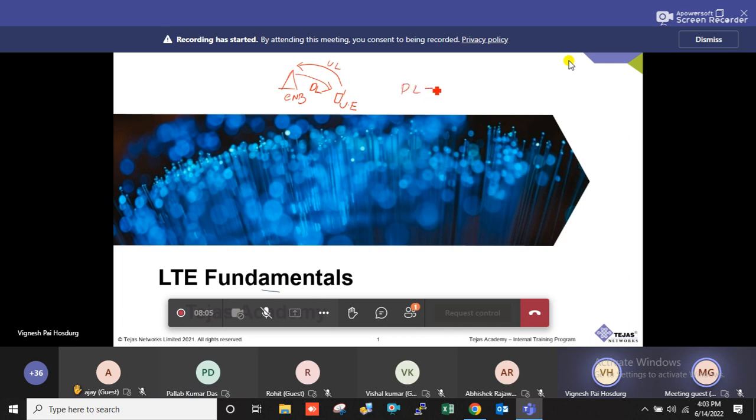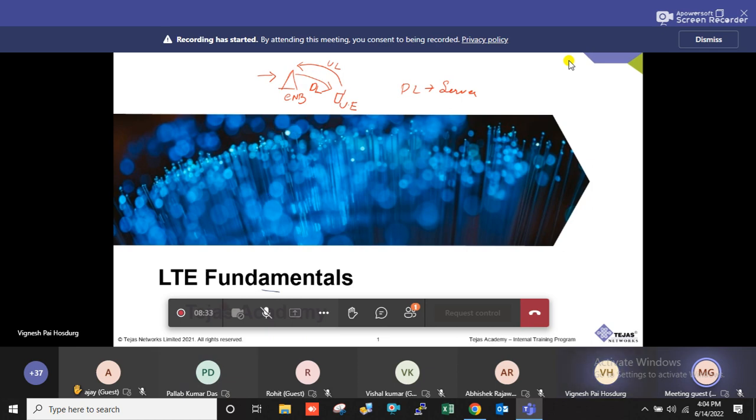Basically, download means you are downloading from the server, and the server is connected to the eNodeB itself. So download will always be from the eNodeB itself. Upload will always be to this particular eNodeB. So you can put it as upload or download, but typically in wireless communication, we call it downlink and uplink. Okay, thank you so much.